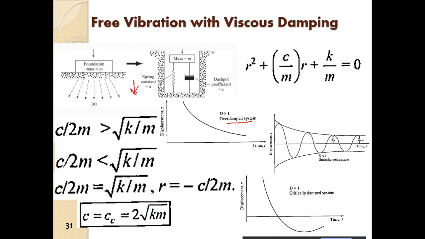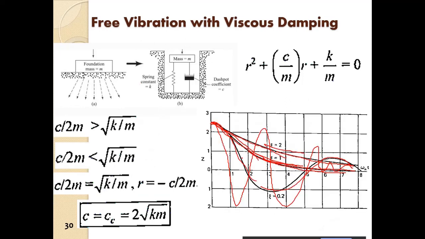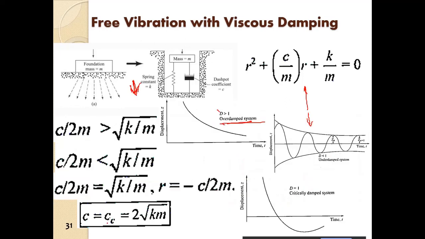Then we have the underdamped system, in which case there will be vibration of the foundation system, and of course the critically damped system, when the damping is equal to the component from the spring mass system as well.